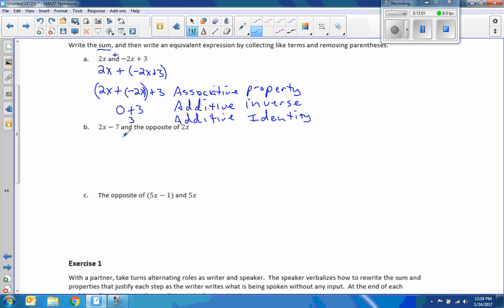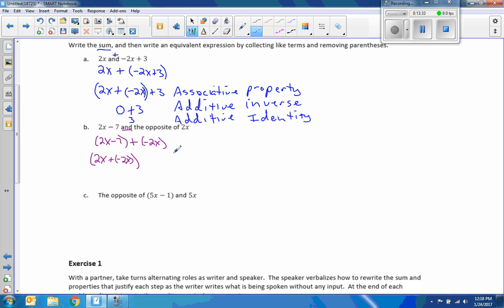2x minus 7 and, so 2x minus 7 and the opposite of 2x. The opposite of 2x is negative 2x. Okay? So I'm going to rearrange these. So I'm going to take this 2x minus 7, and I'm going to move this 2x over here, so it's going to be plus a negative 2x here.